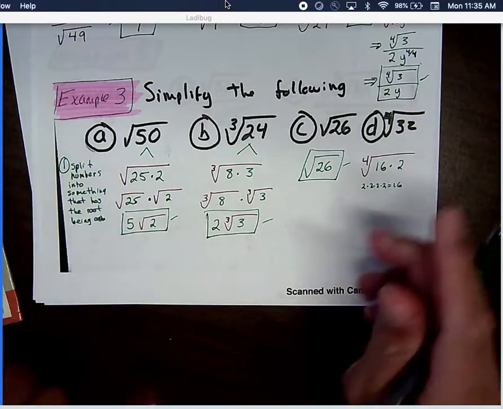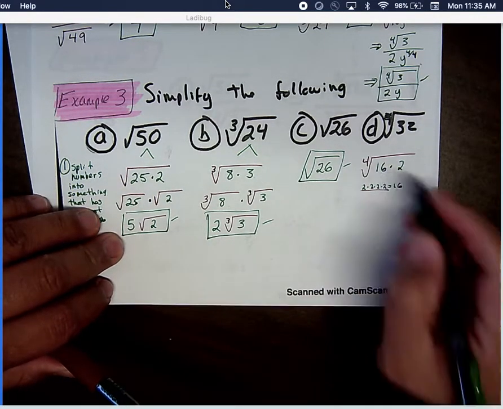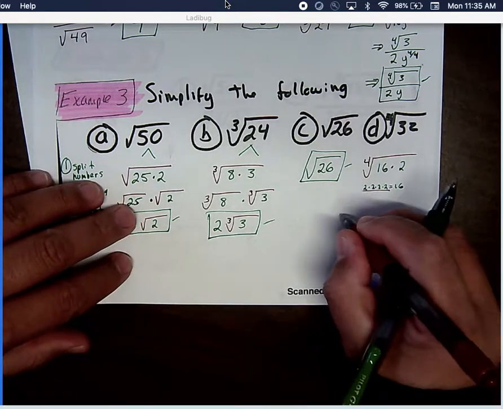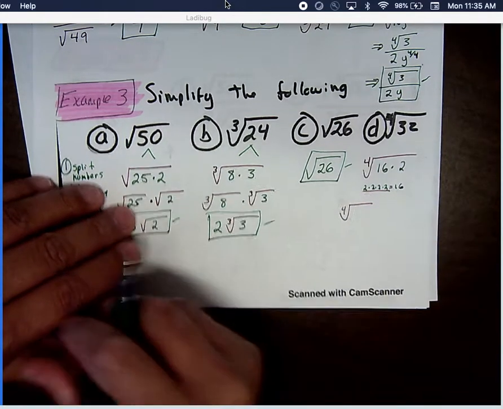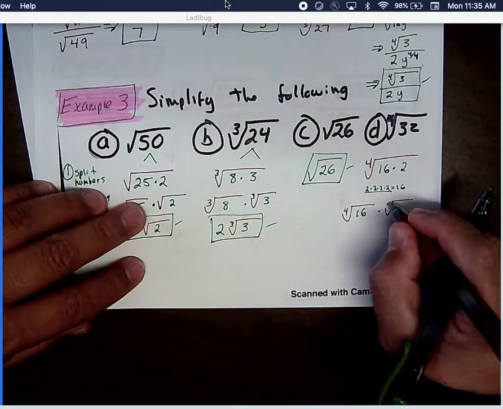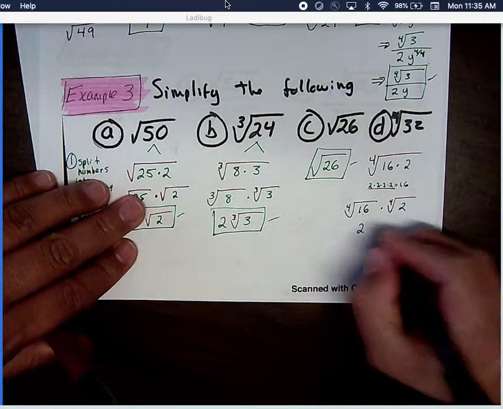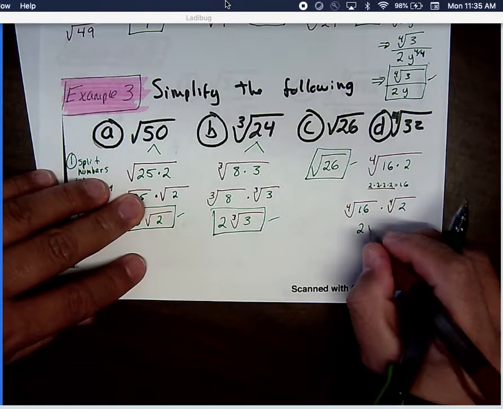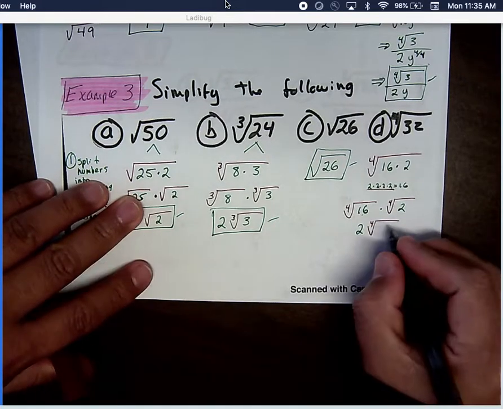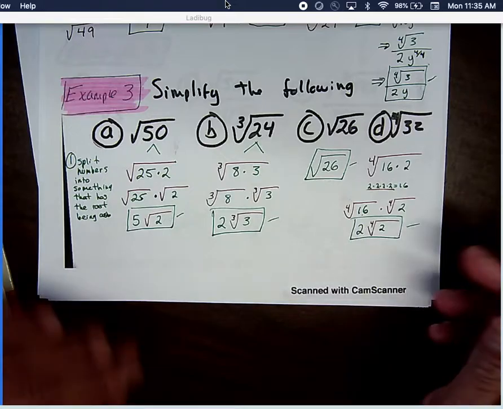So that's the fourth root. Four of these numbers multiplied give you that number. So let's separate them, let's do the steps. So the fourth root of 16 times the fourth root of 2. The fourth root of 16 we know is 2, and that one doesn't have any, so that one stays like that. And that would be the answer for that one.